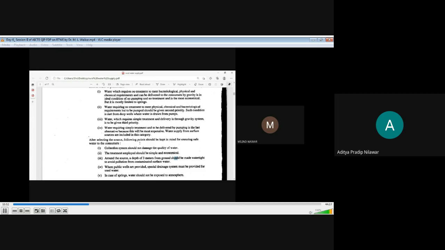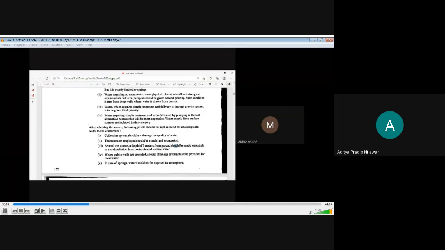Now, after selecting the source, we have to keep the following points in mind for ensuring safe water delivery to the consumer. We should have such a collection system which will not damage or alter the quality of water which is coming into this collection system. Then, if at all treatment is to be given, it should be simple and economical.